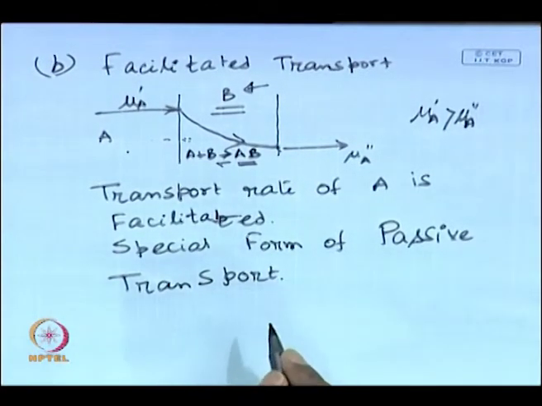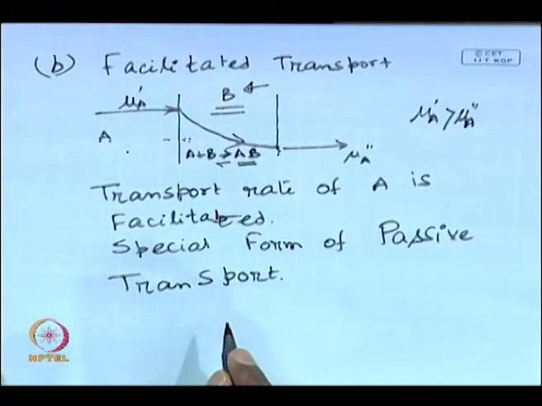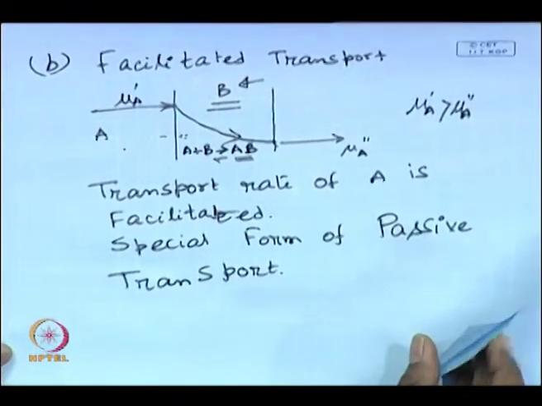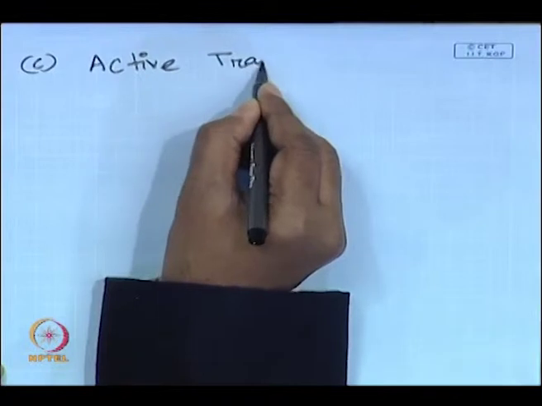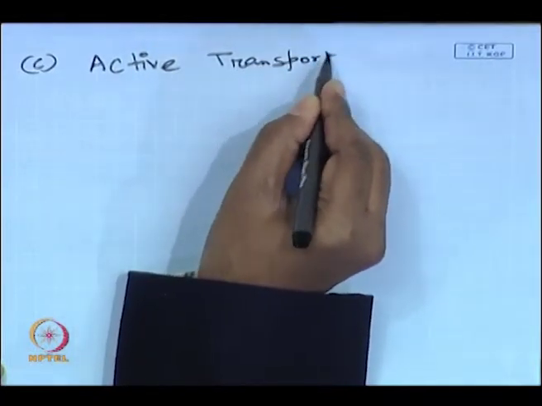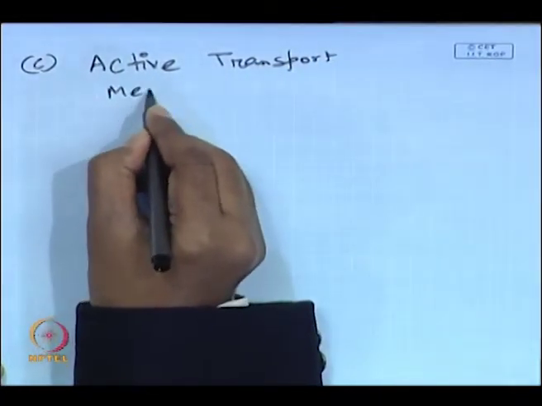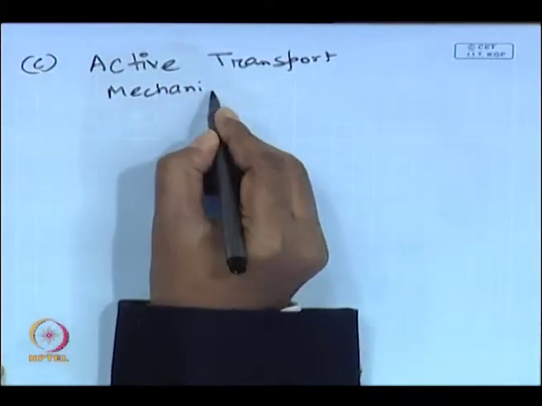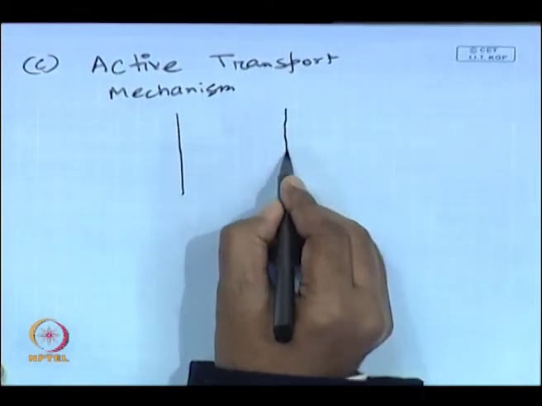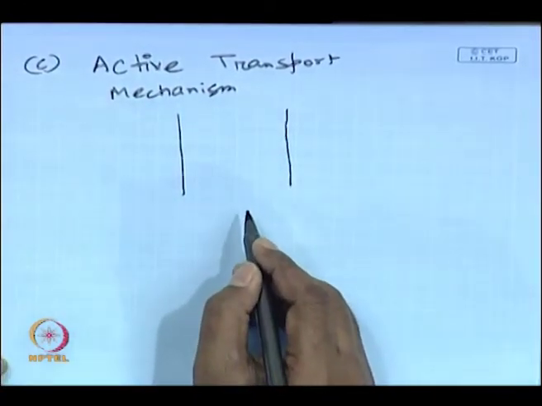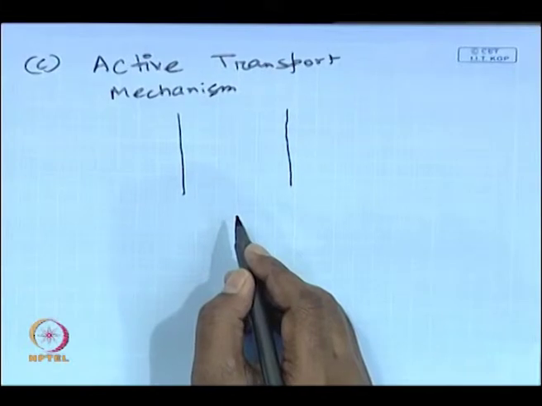The third transport mechanism is known as the active transport mechanism. In this case, the species is getting transported against its driving force.